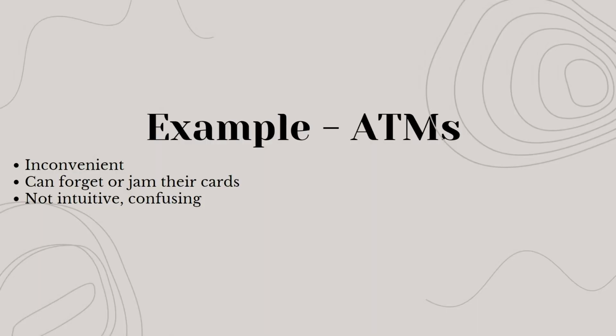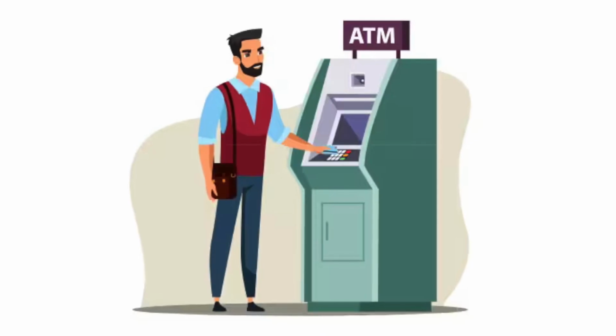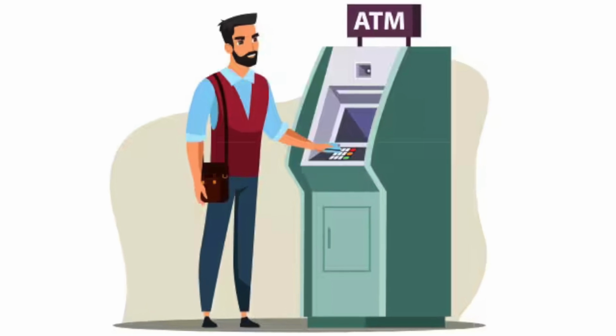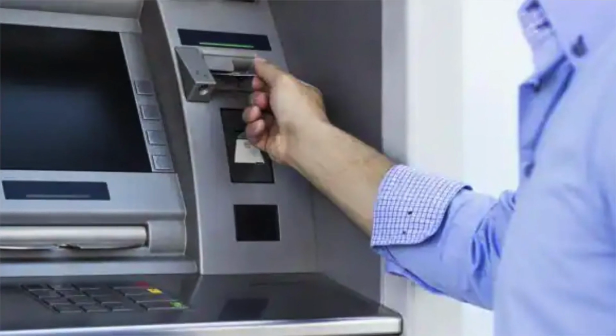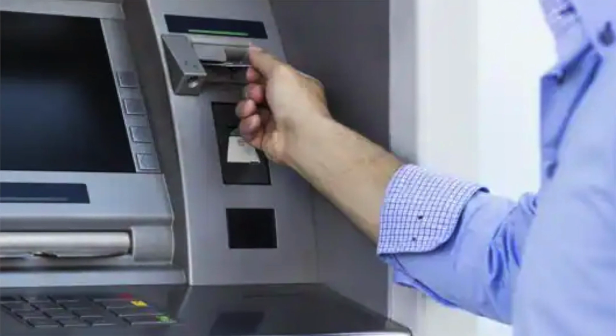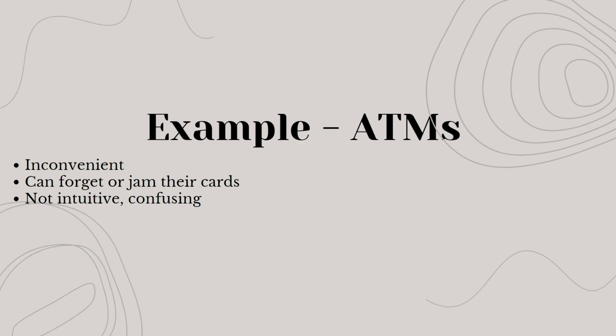Lastly, we have ATMs, which is another example of a poorly designed product. ATMs are inconvenient for most users. Users can also forget their card that they have swiped or even jam their card when in a hurry because of multiple reasons.